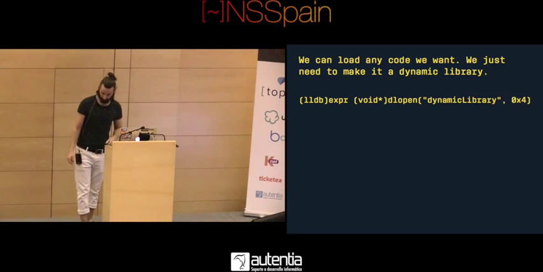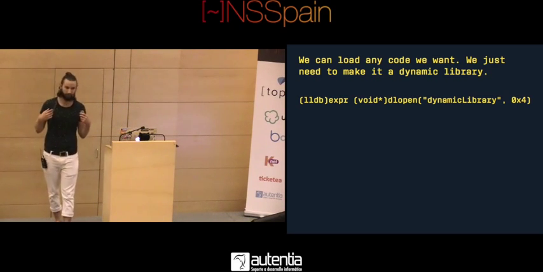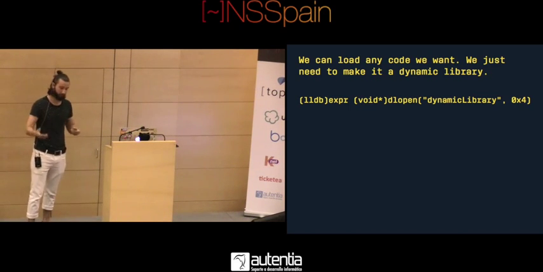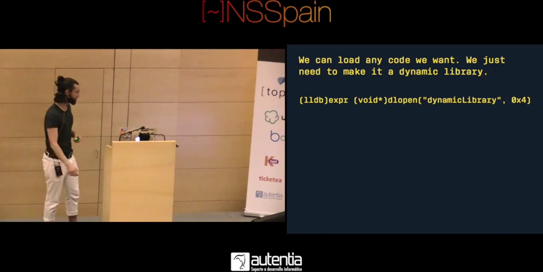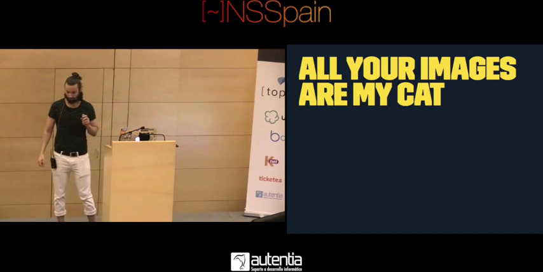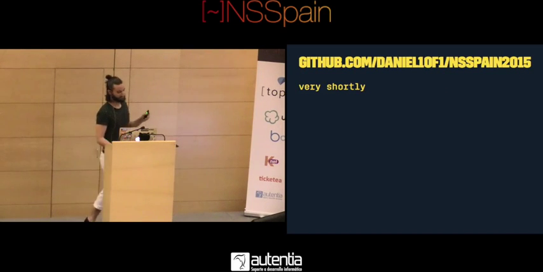A really good example of this, or just generally loading code into an application that isn't yours, is something that I like to call all your images are my cats. And I would have loved to show it to you. And I will, but very shortly.